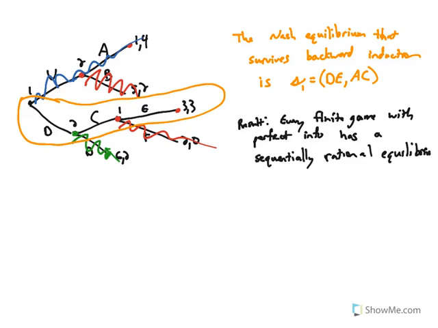In a moment, we're going to introduce a more formal definition of sequential rationality, which is subgame perfect Nash equilibrium. So I'll just put that in parentheses.